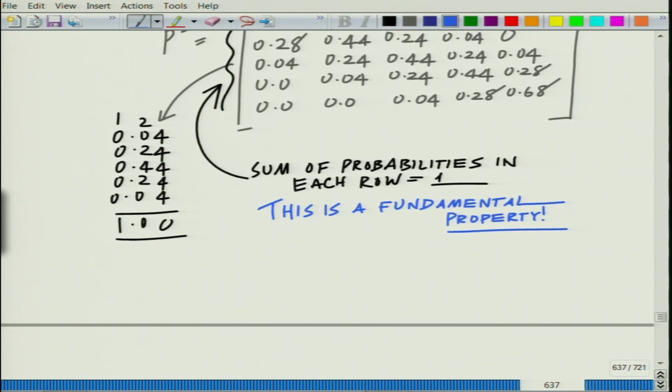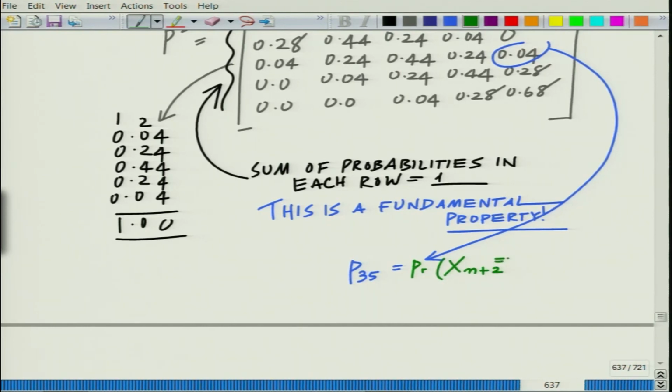And now, if you look at, for instance, this, let us take a simple one, this is essentially P35. That is, we are asking what is the probability that X(n+2) equals 500, that is state 5, given Xn equal to state 3, that is 300.